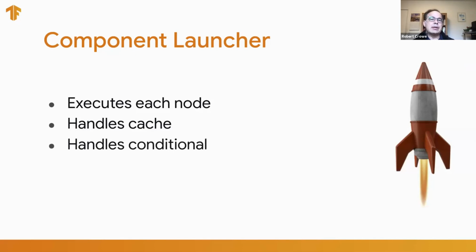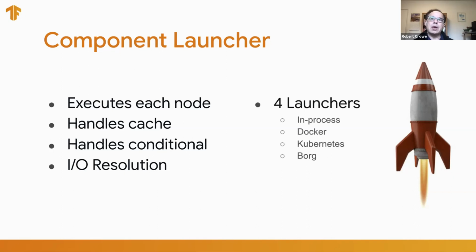It handles things like conditional control flow, like have the conditions been met. It handles I/O resolution, and depending on the node, it could be reaching into some file store or what have you, or it could just be with metadata. And there are 4 launchers currently.